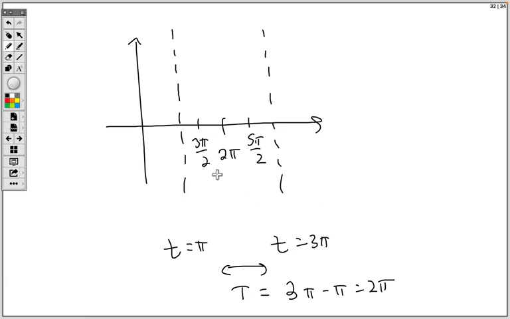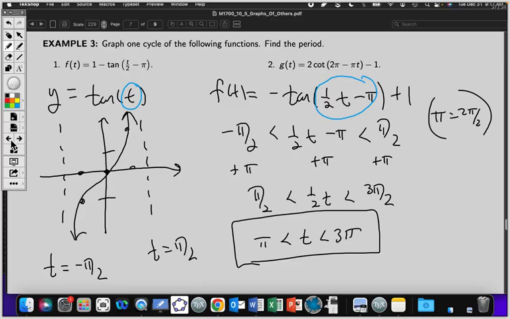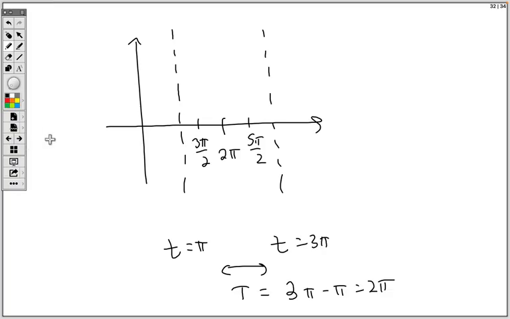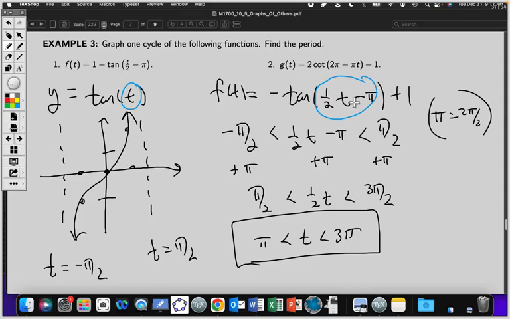And now we can plug these in and figure out what the graph is looking like. So if I plug in, say, a 3 pi over 2, 1/2 of 3 pi over 2 is 3 pi over 4. 3 pi over 4 minus pi would be 3 pi over 4 minus 4 pi over 4, so that'd be negative pi over 4.